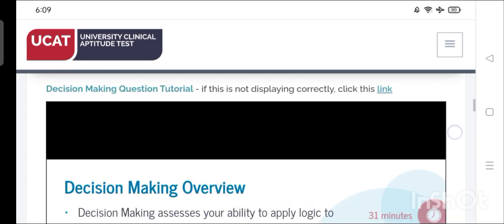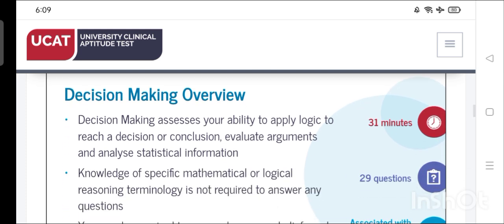So let's start from the overview of decision making. Decision making assesses your ability to apply logic to reach a decision or conclusion. It evaluates arguments and analyzes statistical information.